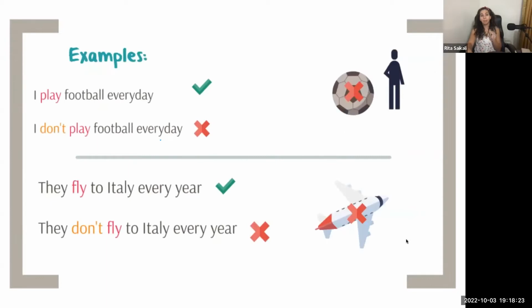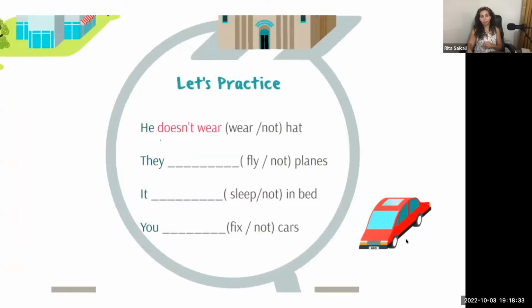Okay. I play football every day. I don't play football every day. They fly to Italy every year. They don't fly to Italy every year. Okay. So this would be some practice. He doesn't wear a hat. What would be the second one? They and not. How would I say that sentence? Can anyone tell me?